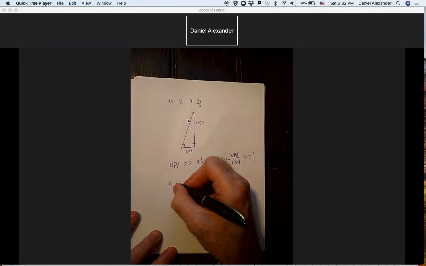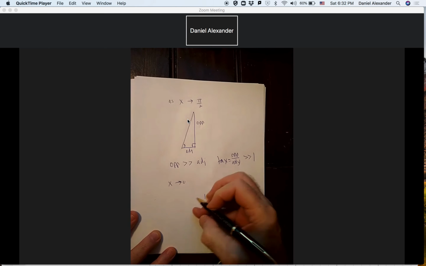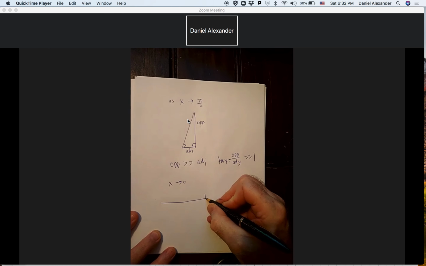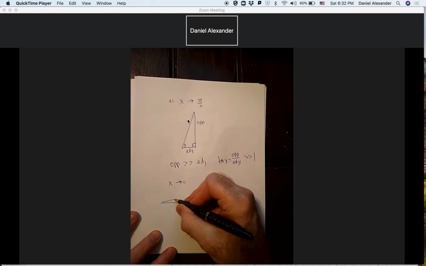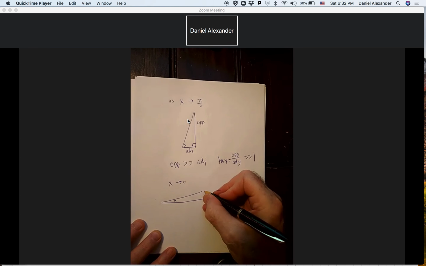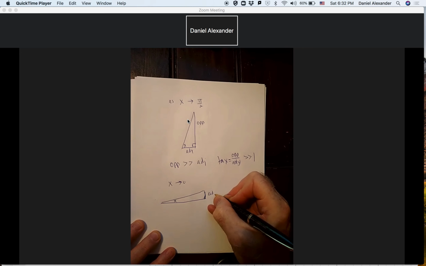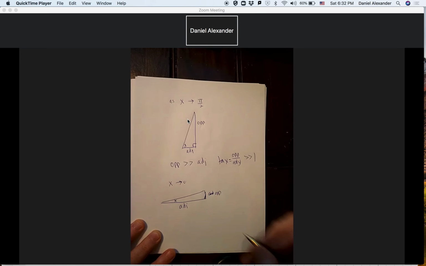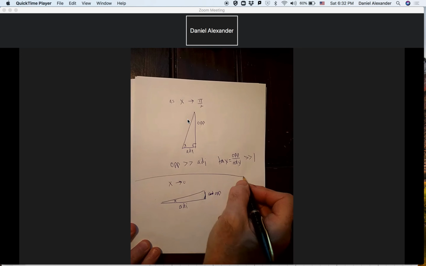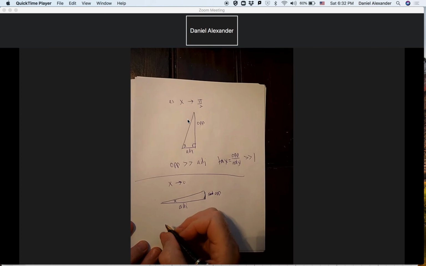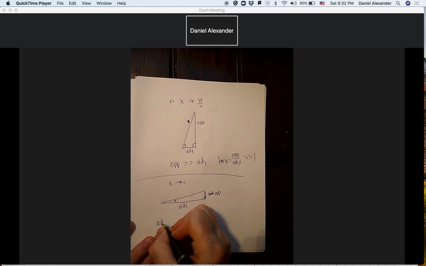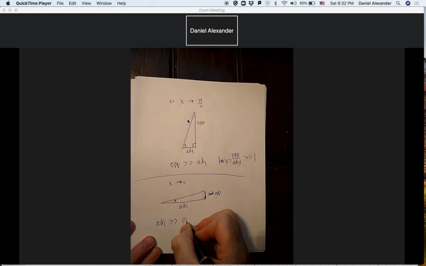Now, as x approaches 0, it's going to be the opposite. That's a skinny angle near 0. The opposite side is going to be short. The adjacent is going to be large. So here, as x approaches 0, we're going to see that the adjacent side is much, much bigger than the opposite.